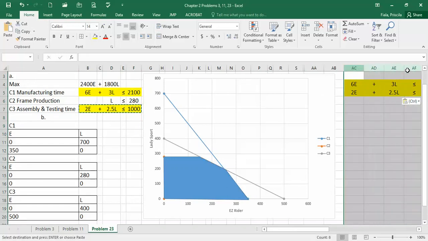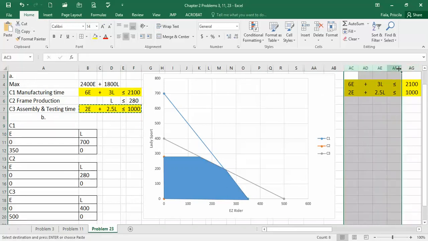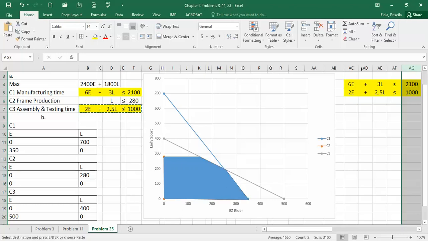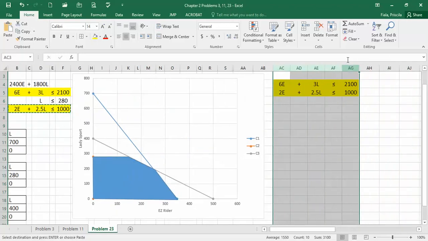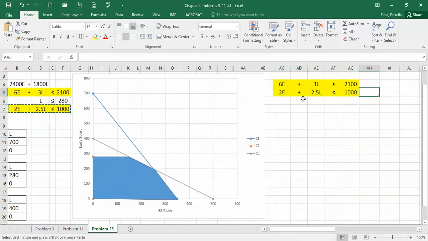I'm going to try to make all this smaller. I'm gonna simplify it to get a value for E and a value for L, which are gonna be my optimal solution values.